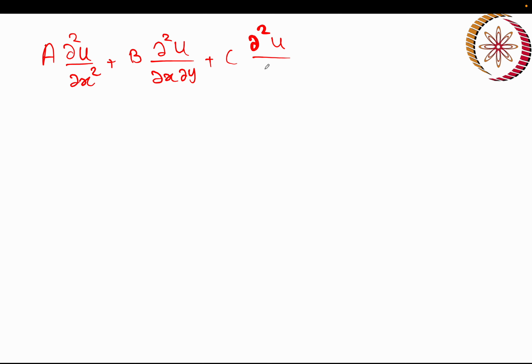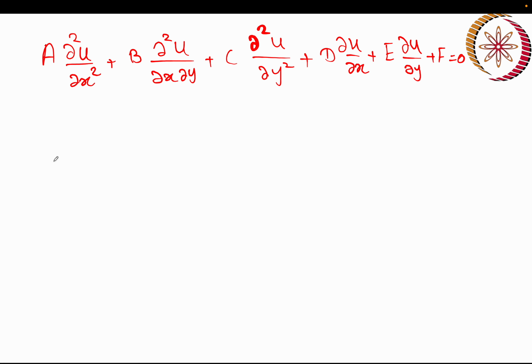Let's say we have the partial differential equation a del square u by del x square plus b del square u by del x del y plus c del square u by del y square plus d del u by del x plus e del u by del y plus f is equal to 0.